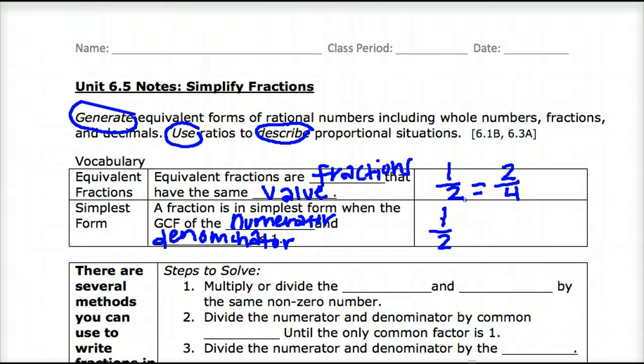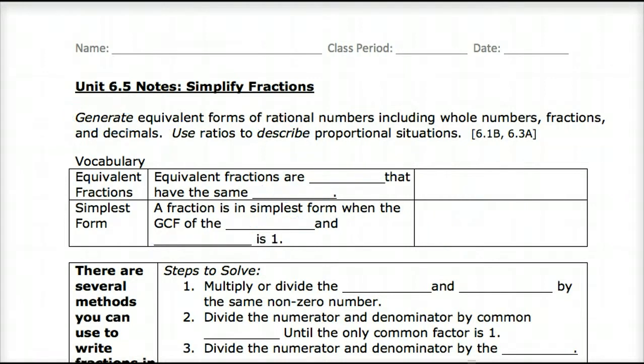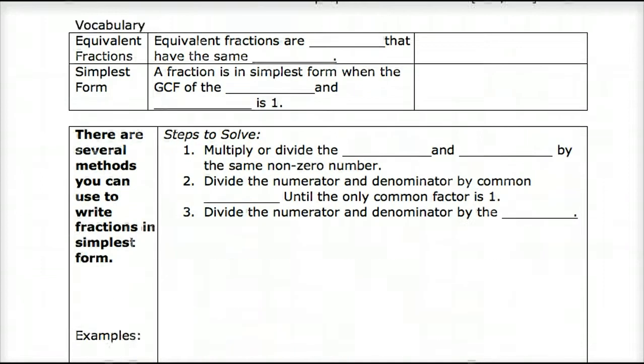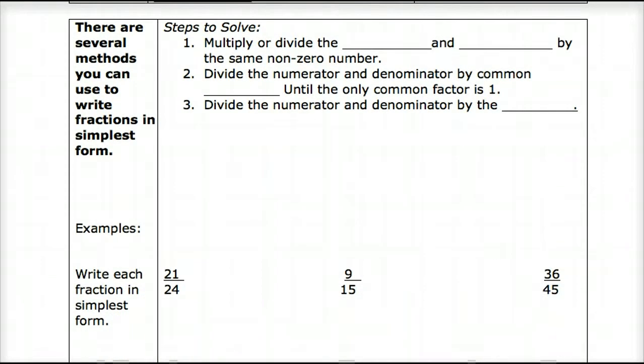So we are now going to talk about some different methods of making fractions in their simplest form. So I need you to skip down to the part of your notes that says steps to solve. And it says here that there are several methods you can use to write fractions in simplest form.